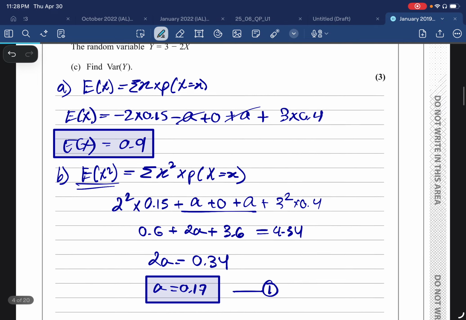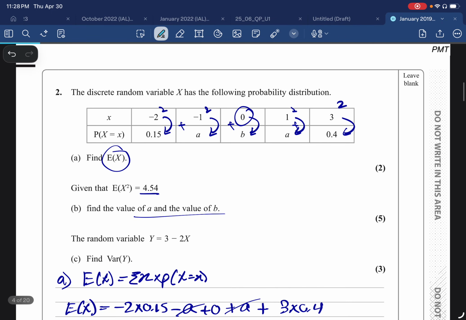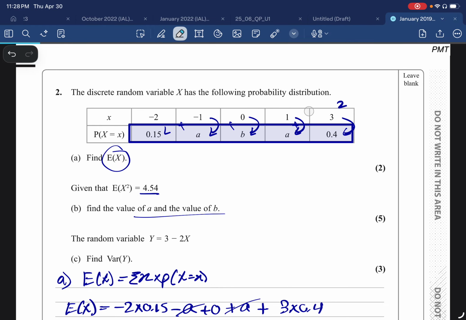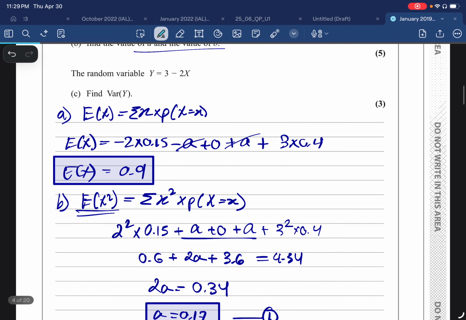Now the question is, how do you find the value of b? Now remember, these are probabilities. The bottom side, this is the probability section. So if you add all of them, you should get 1. That's as simple as that.